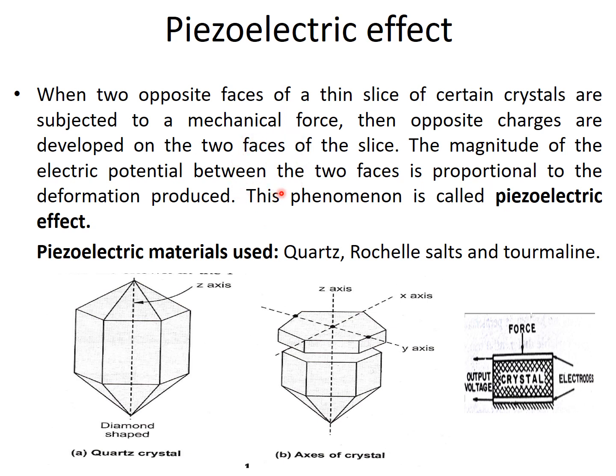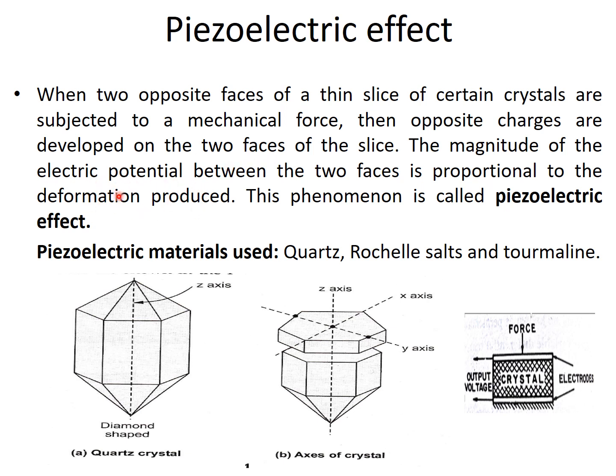It may not be visible to your eyes, but we are talking about internal deformation here. Whenever we compress the material or bend the material, internally some deformation happens. Sometimes it can be visible physically also. So here some deformation has been produced.